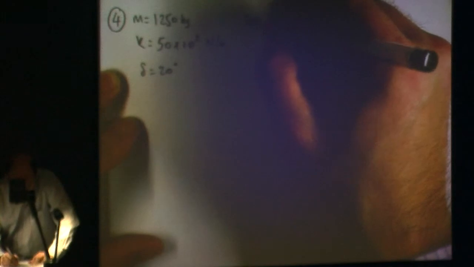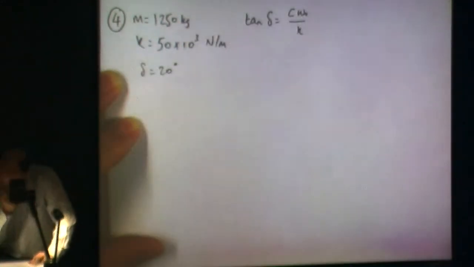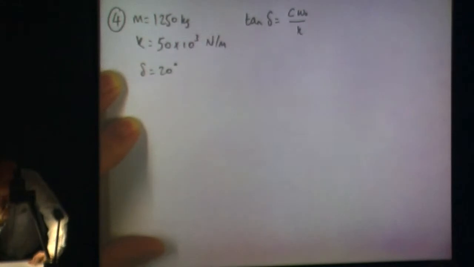Now I've got an equation. This is from the formula sheet. Tangent of delta is C omega naught divided by K. So C must be K tangent of delta divided by omega naught.